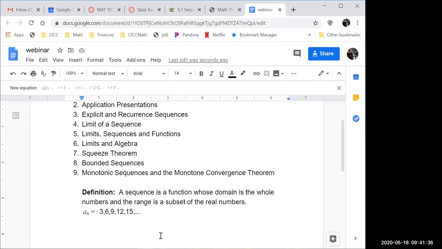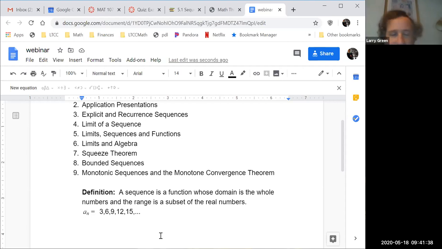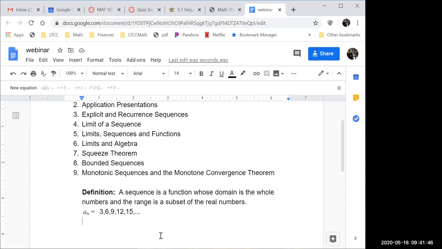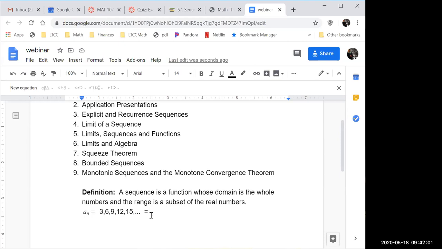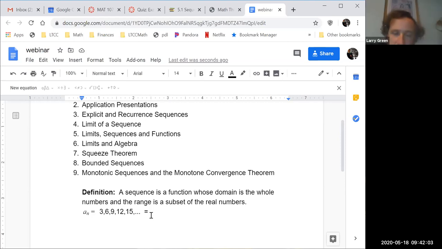All right, how do I write this down? There's actually two ways of writing it down. One is a function of n, where you plug it in and you get a number. Any ideas on that? We had this in intermediate algebra and pre-calc.